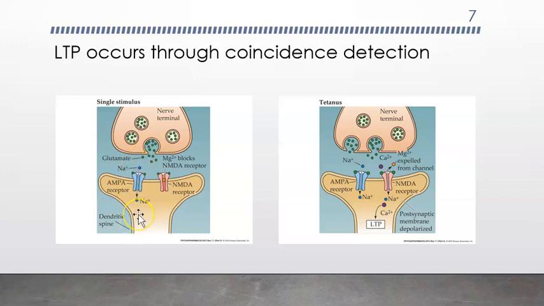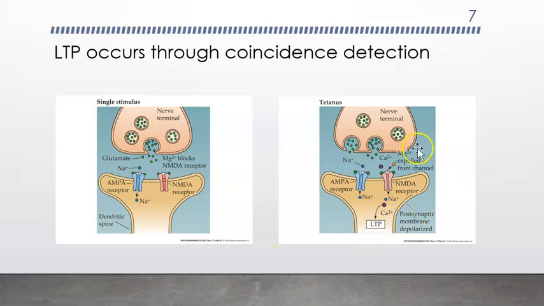So sodium's going to pass in. Okay, glutamate will bind to the NMDA receptor, but there's not going to have been enough of a depolarization from just, say, one AMPA receptor or a single pass of the AMPA receptor to depolarize that membrane to allow the magnesium block to be removed from that NMDA receptor. Okay, so a single stimulus, you're only going to get AMPA receptor activation.